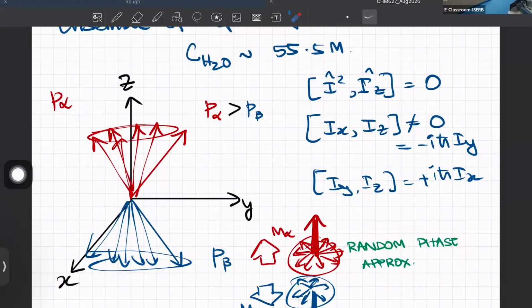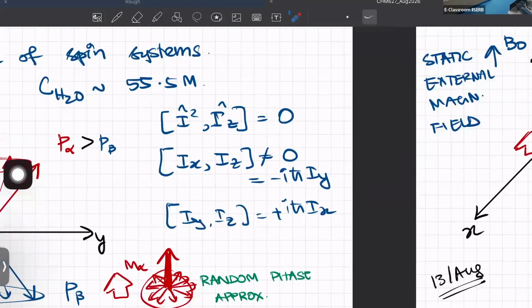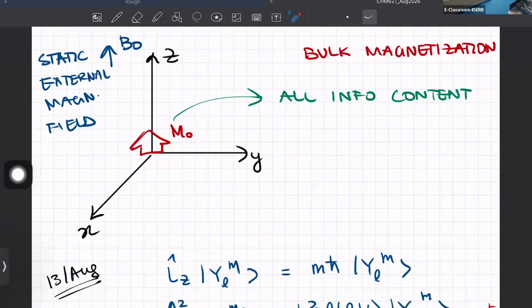So what this says is that there will be no magnetization in the transverse plane, but interestingly, the longitudinal projection for the alpha and the longitudinal projection for the beta will sum up, which will once again destructively interfere given that they are opposite to each other, resulting in a small magnetic excess along the static magnetic field for your sample. And I kind of concluded the previous class by trying to say all the content that you need is present inside it. So therefore, let's try to see how we will measure it.